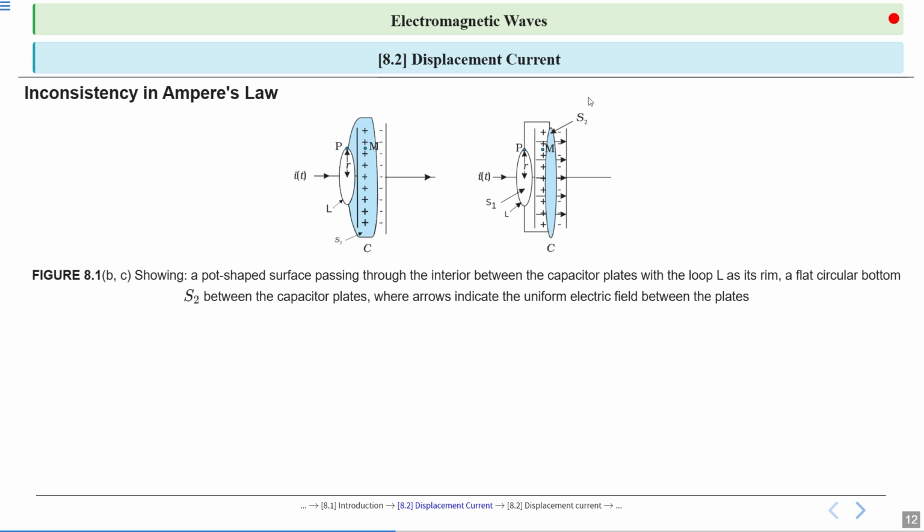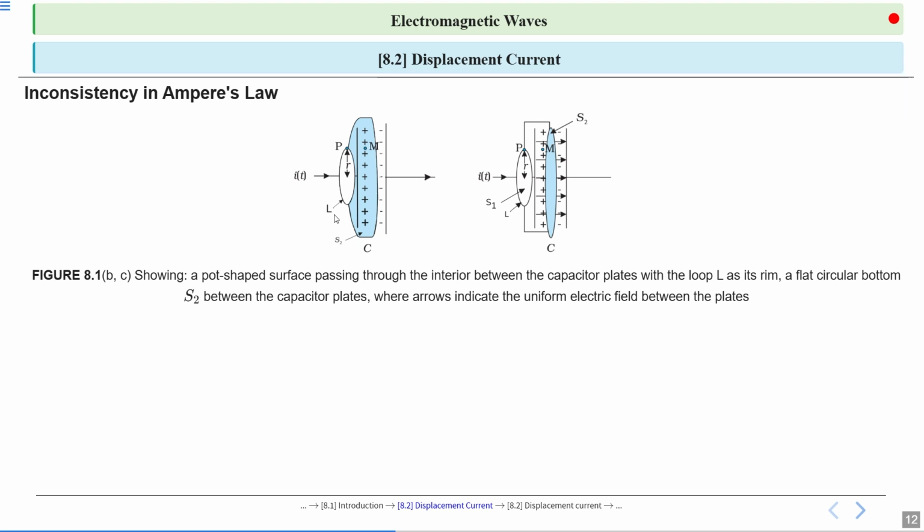So what are these figures showing? They are showing a closed loop again, but the surface enclosed by that loop is different. Okay, now B and C are showing a pot shaped surface passing through the interior between the capacitor plates. So it is like a pot, or it is like a tiffin box. This is the opening of the pot.